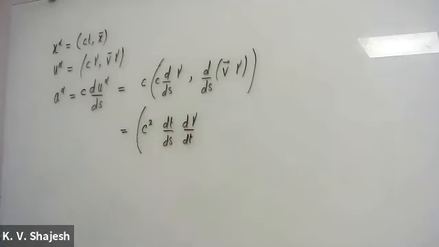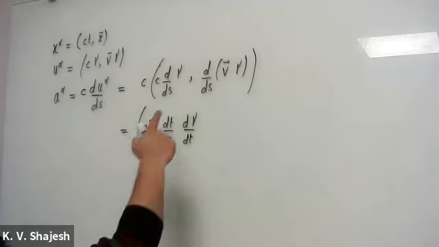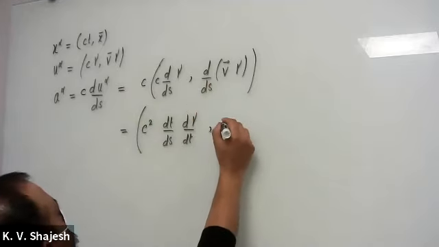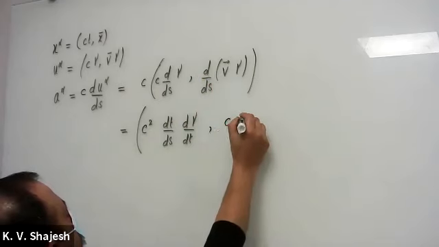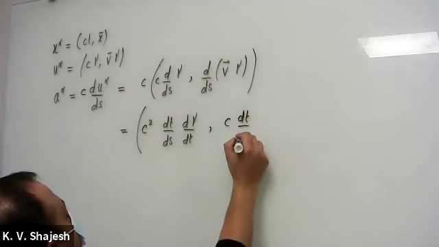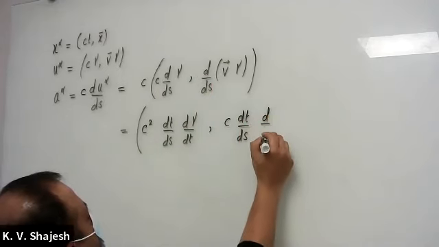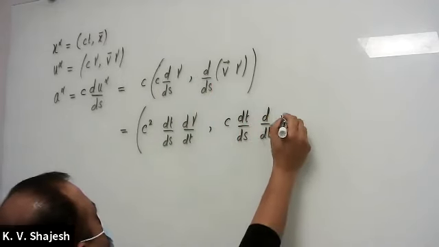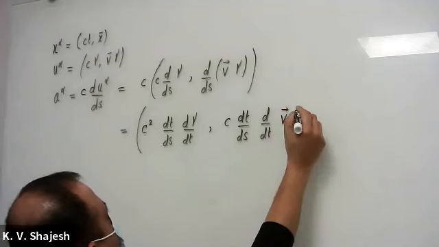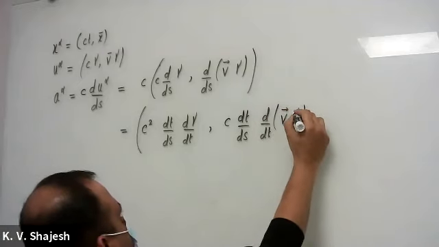That's the first piece. The second piece is c times dt by ds, and d by dt of velocity and gamma.